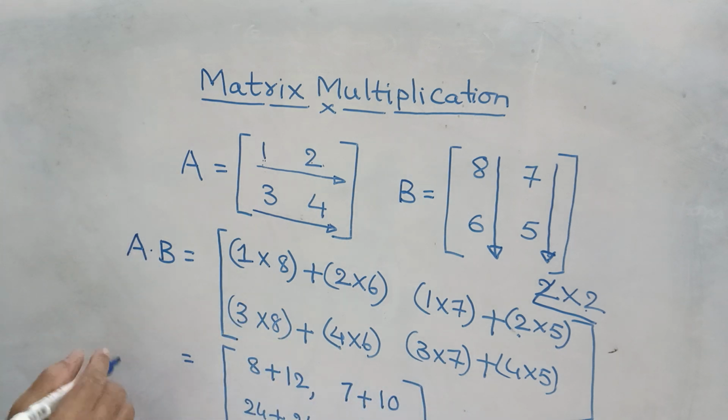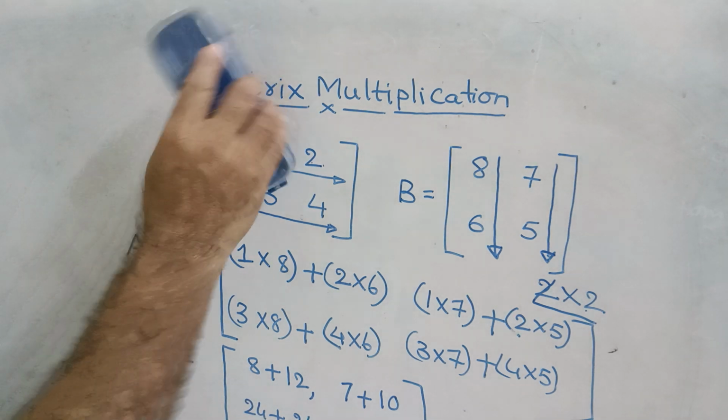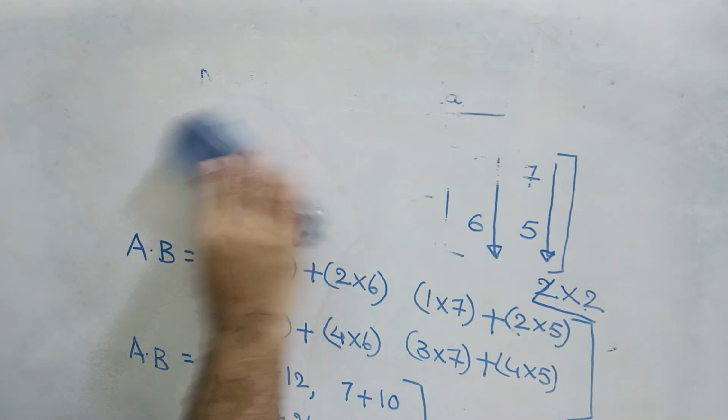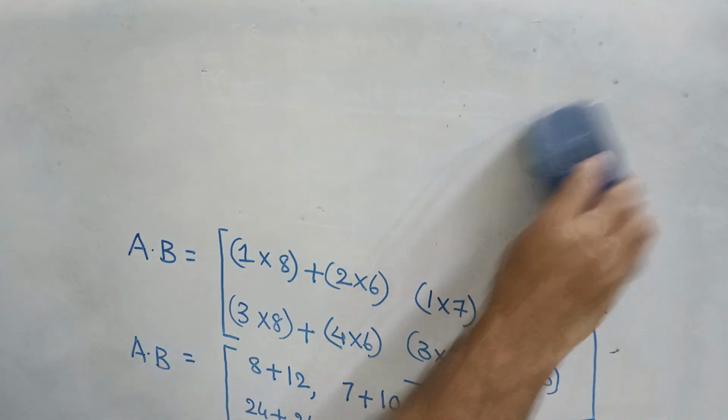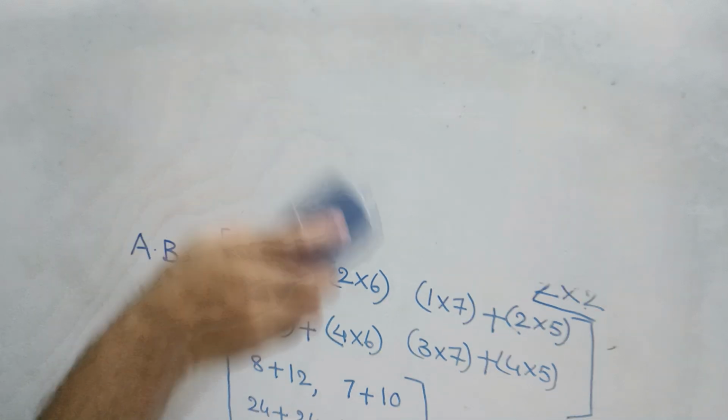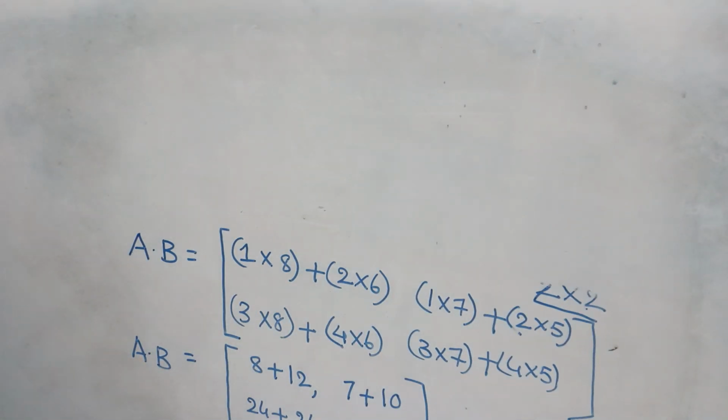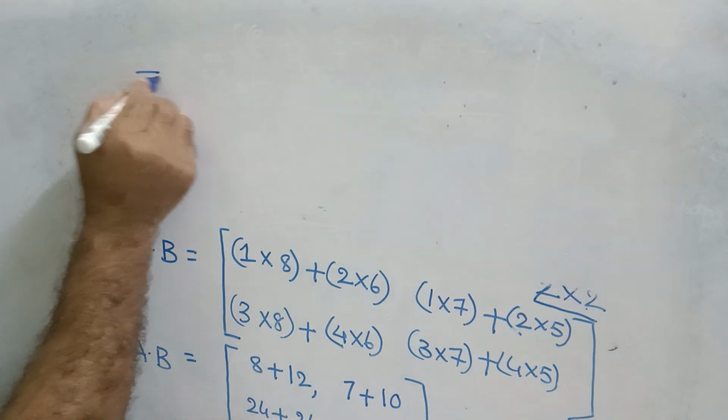And what is the next step? This is what A into B is equal to. Now the final step: A into B is equal to, this is the final answer.